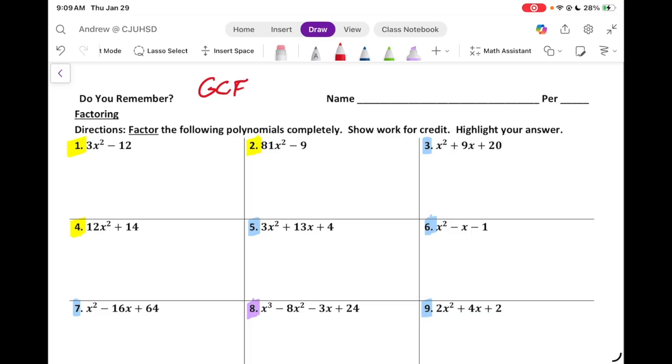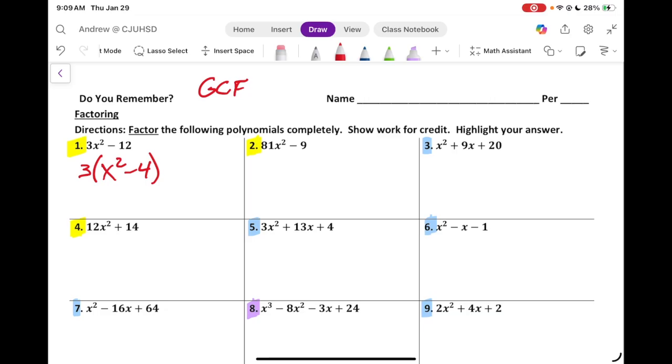So number 1, 3 and 12. I know it says negative 12, but I'm just focused on the number part. 3 and 12, that's divisible by 3. So we write a 3 out in front, and we divide each of those by 3. So the first term becomes x squared. The second term becomes minus 4.